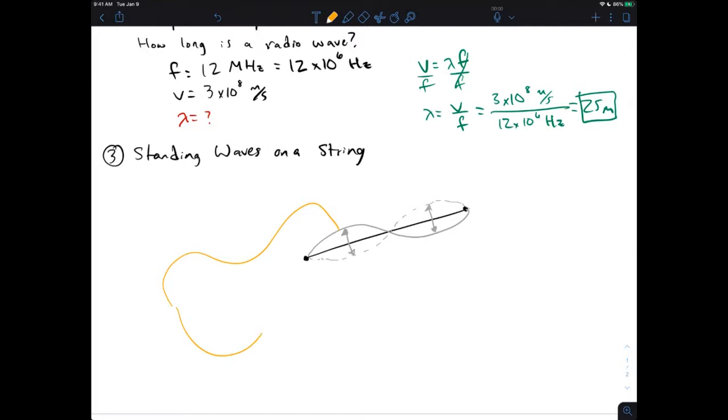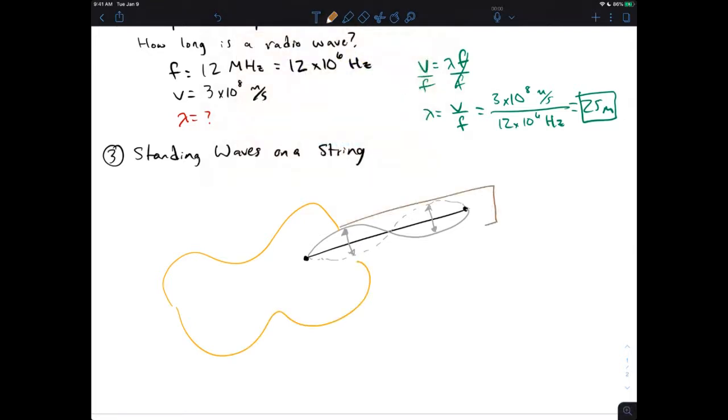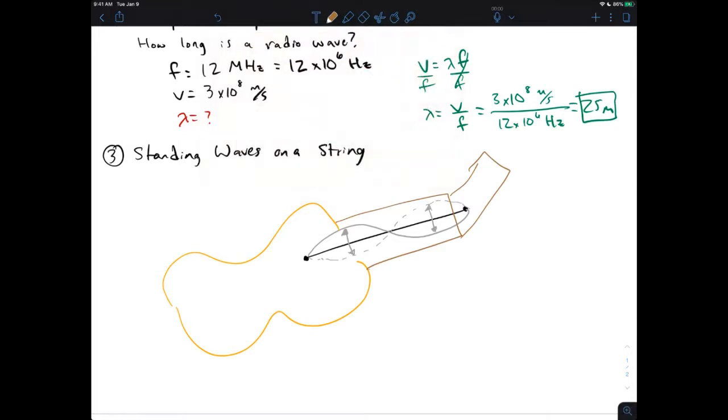And it should have a little thing like that at the end, and then there's a hole in the guitar. All right, so that's our guitar.